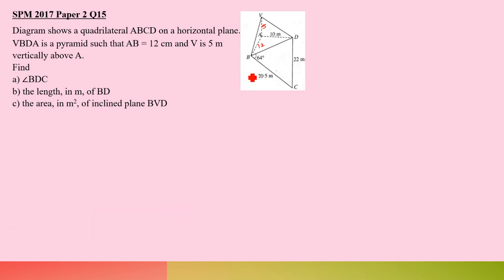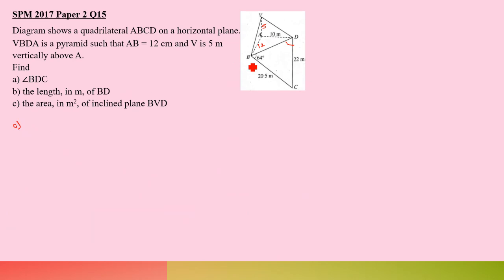So first of all, they ask you to find the angle BDC. So they ask you to find this first. Since you have two sides and one of it is opposite a non-included angle, what you can use here is the sine rule. So first we use the sine rule to find the angle.